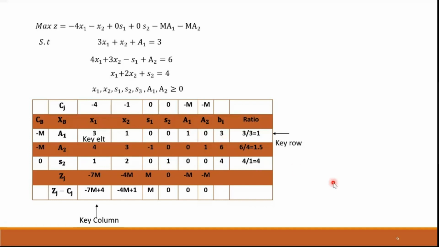So in the next table, I am not writing CJ, I am not writing CB column, ZJ also and ratio also. और फिर मैंने 3 से डिवाइड भी किया है, उसके बाद मैंने नेक्स्ट टेबल लिखा हुआ. ओके, सो नेक्स्ट टेबल मैंने क्या किया है, CJ निकाल दिया है, CB निकाल दिया है, ZJ ऑल्सो एंड रेशियो ऑल्सो. उसके बाद 3 से डिवाइड भी करके मैंने लिखा हुआ है. ओके, तो जस्ट चेक, आई एम गोइंग टू द नेक्स्ट स्लाइड.